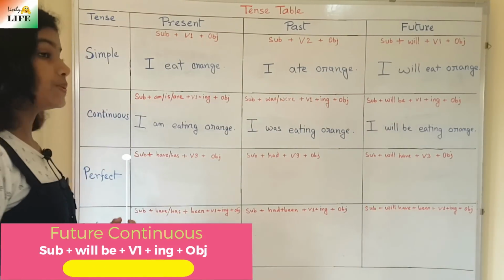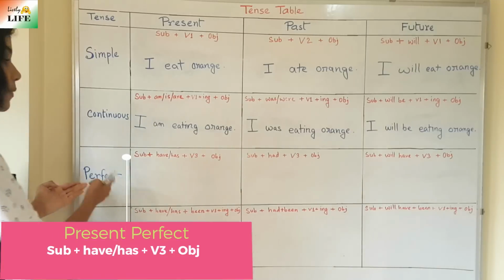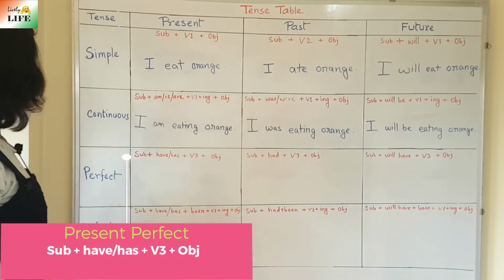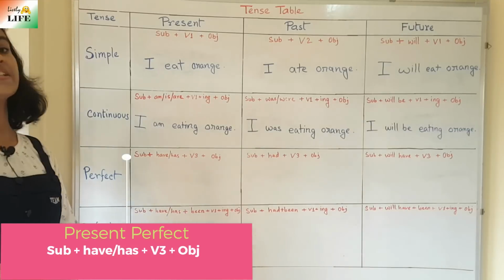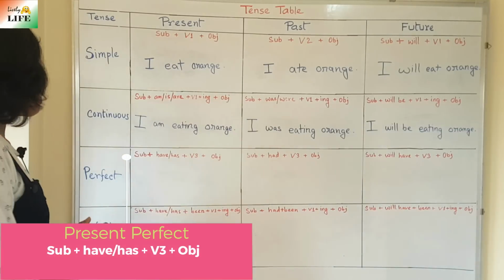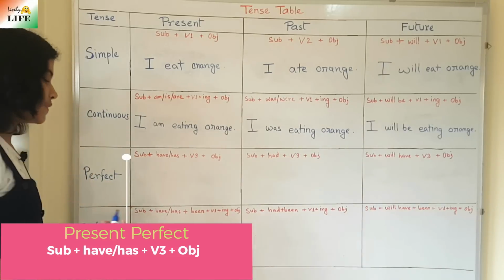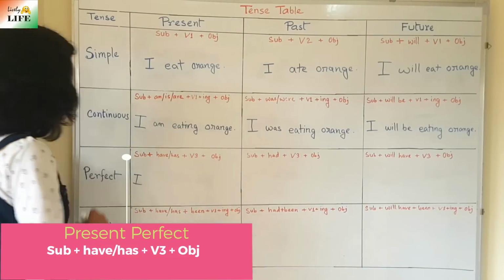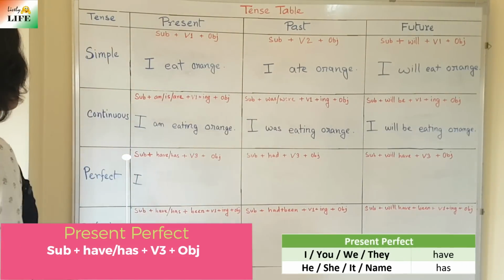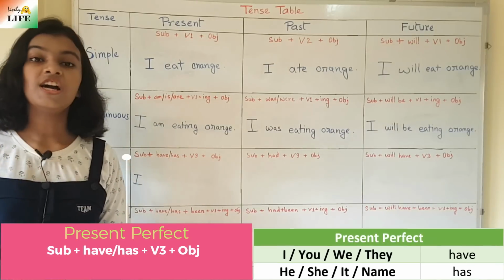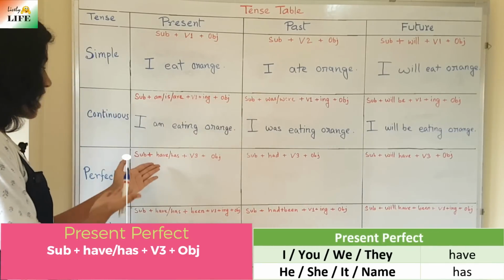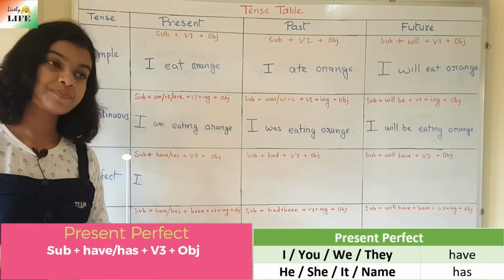So we completed continuous tense. Now the next one is perfect tense. So first, let us start with present perfect tense. The construction for this is first always subject. So I, then we have or has. So where do we use have and where do we use has?